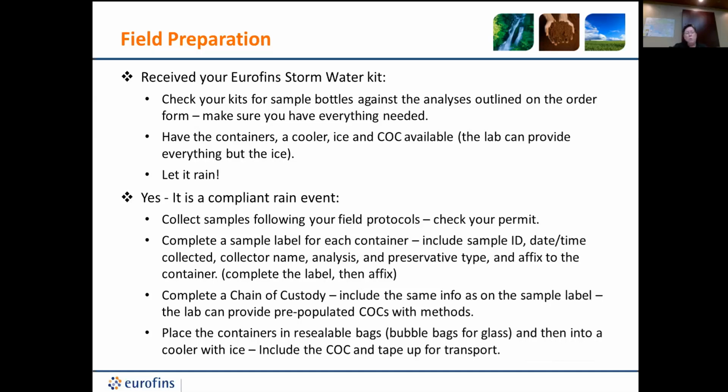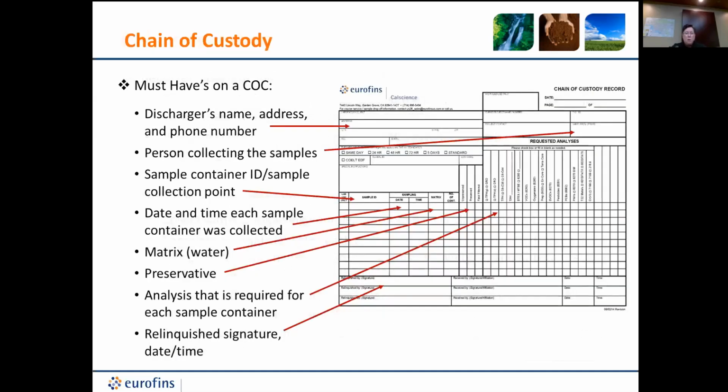From our lab, you'll normally get things in a box, and I'll show you a picture of that right after this. Because I do want to reiterate on the chain of custody, you must have on there your discharger name, address and phone number, who's collecting the samples, the sample container ID and the collection points, the date and time each container was collected, what type of matrix, in this case it would be water, and is there a preservative?